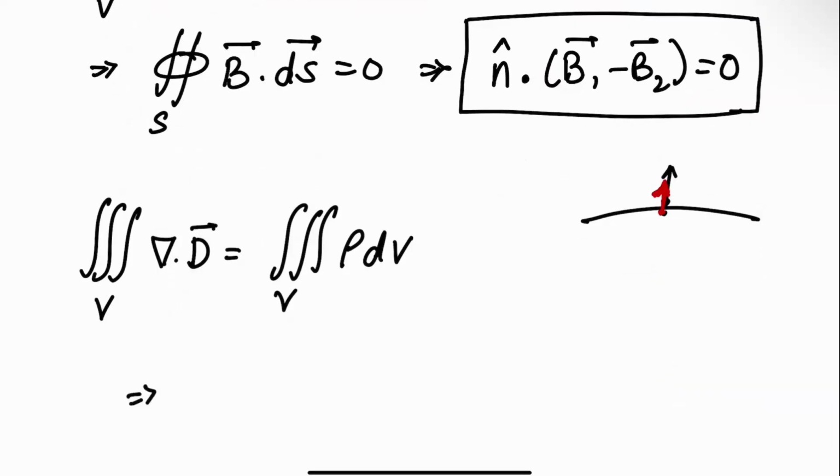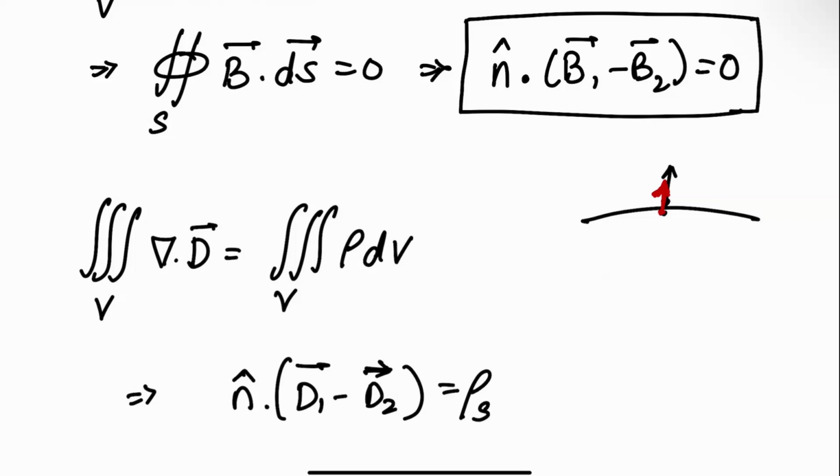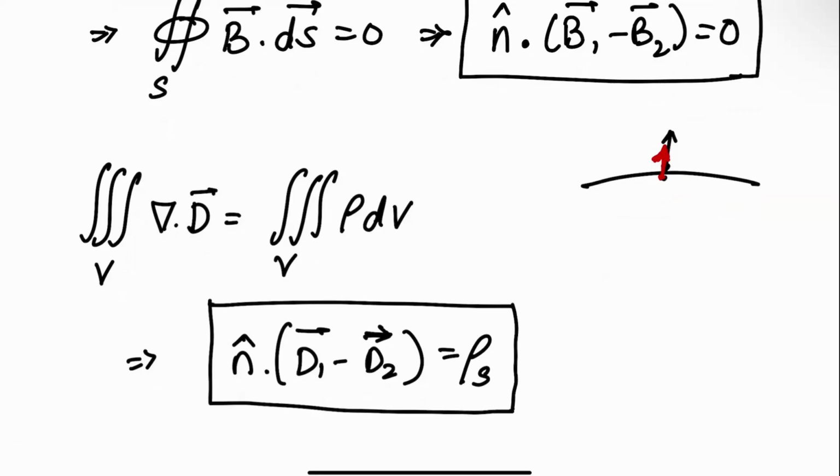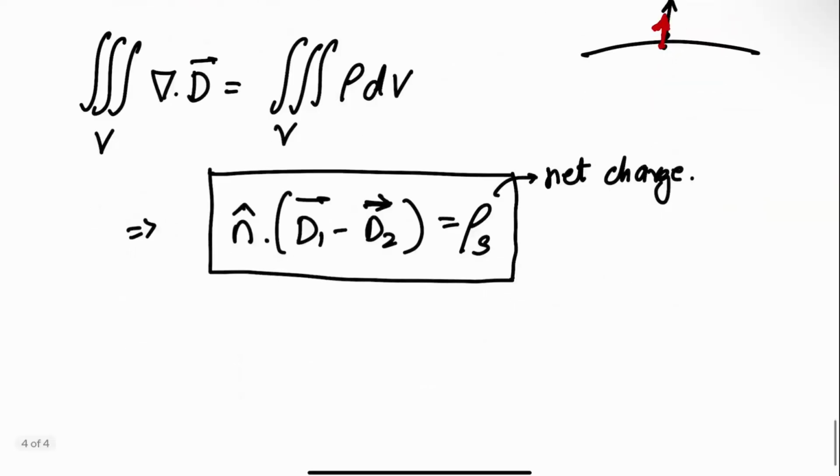So you end up with n hat dot (D1 minus D2) equal to the surface charge density, my bad. Which means if there are some charges on the surface that are embedded, net charge, remember this is always net charge, then essentially D can be discontinuous, the normal component.